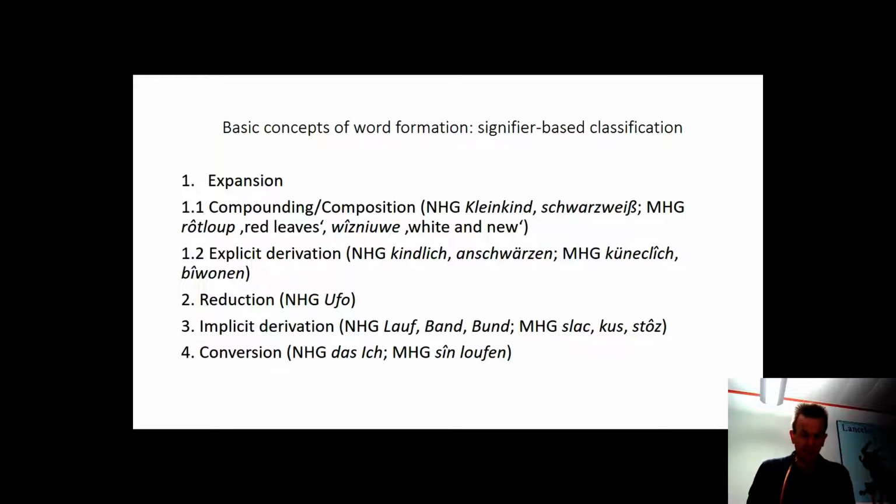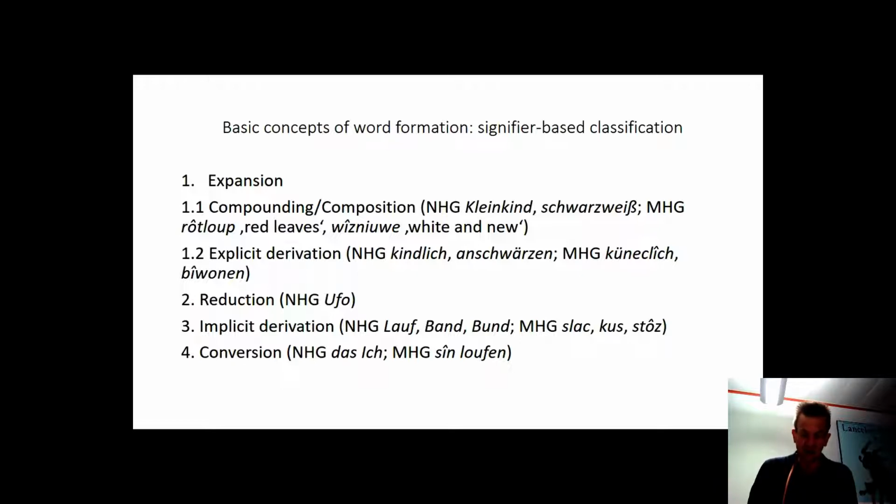In signifier expansions, a distinction is made between compounds such as Kleinkind and explicit derivations such as kindlich. Their methodological consistency and their universal applicability permits us to divide expansions into these categories.